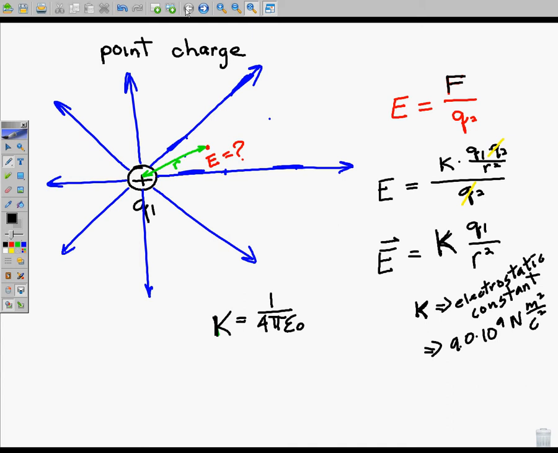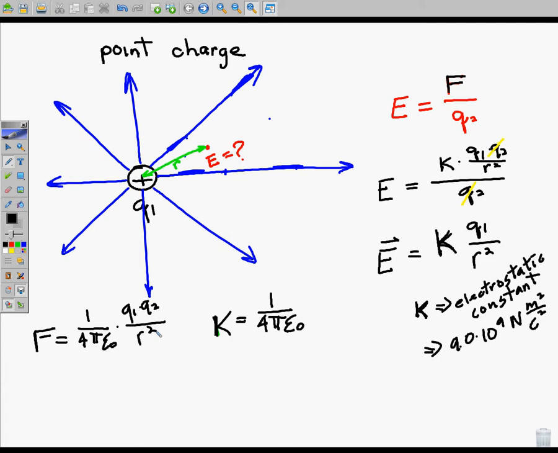So we could write Coulomb's law as F equals K Q1 Q2 over R squared, or what's the new, cooler, more sophisticated way of writing it? 1 over 4 pi epsilon 0 times Q1 Q2 over R squared.